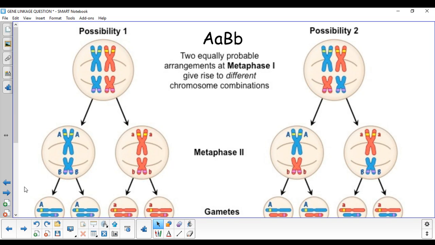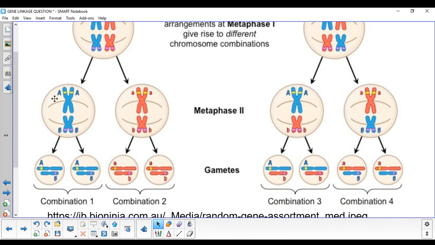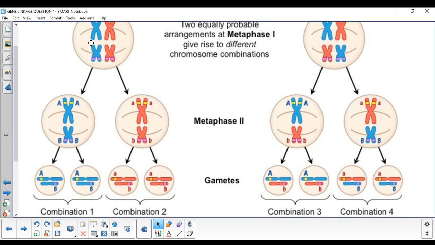Why does this work? In regular independent assortment, if genes are on two different chromosomes, so let's say gene A is on this chromosome and it's the dominant gene A, and gene B is on this chromosome and it's the dominant gene B, the potential gametes will have both dominant alleles or both recessive alleles.